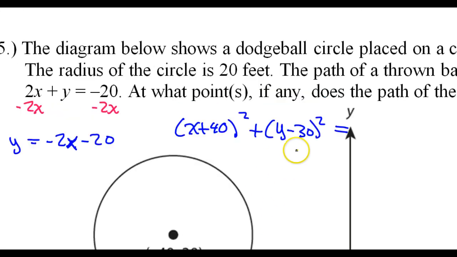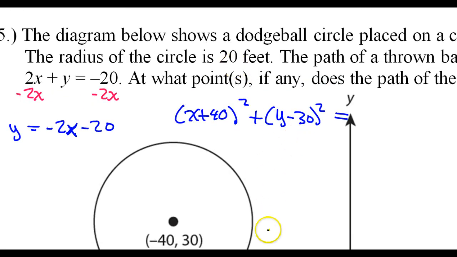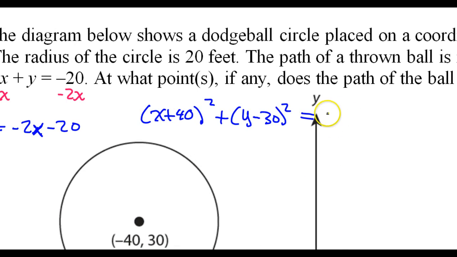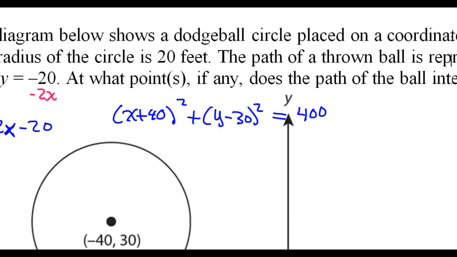Now they told us the radius is 20 feet. So here you put the radius squared, so that would be 400.